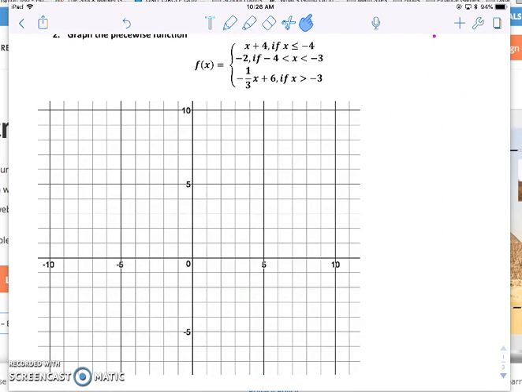So the next one, we're asked to graph it. So x plus 4, so our y-intercept is 4, up 1 over 1. So I could just dash this in across the entire graph. The next one is -2. So we got -2.